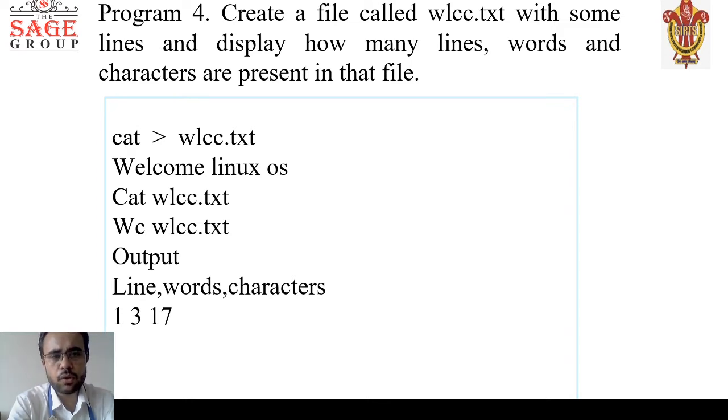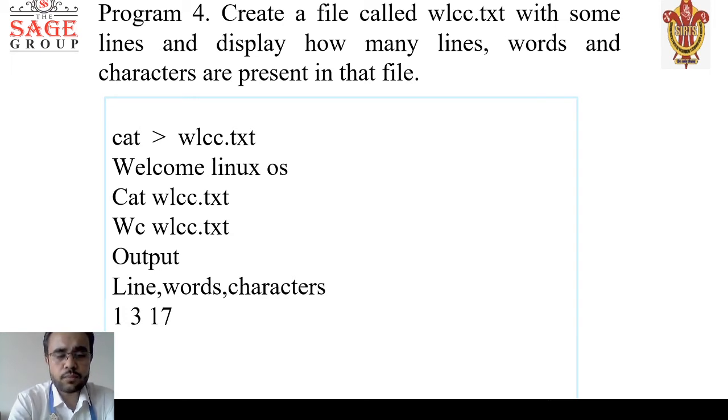Cat is short for concatenate, and it is one of the most frequently used commands in Linux and Unix-like operating systems. The cat command allows us to create single or multiple files, view the content of files, concatenate files, and redirect output to the terminal or files.